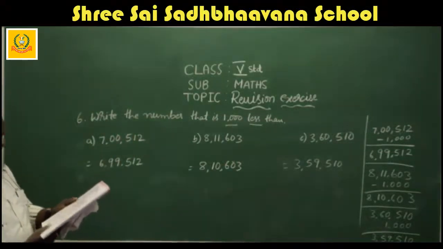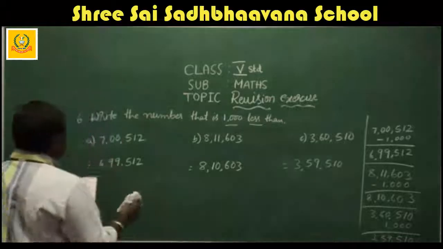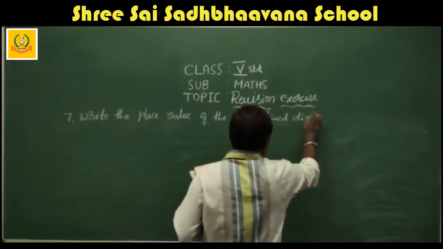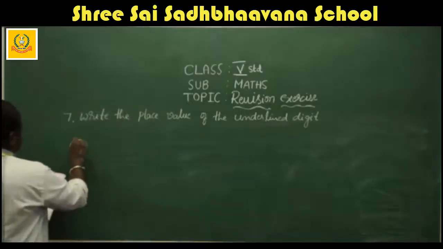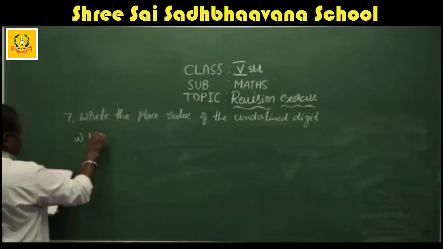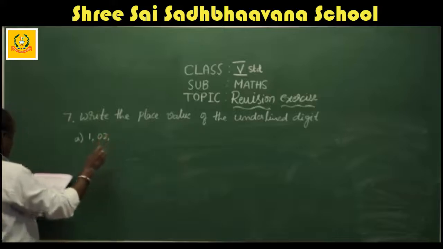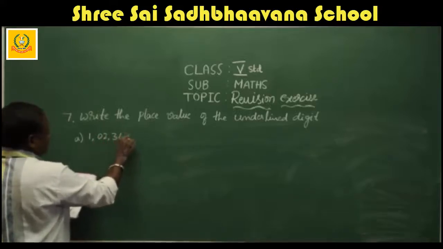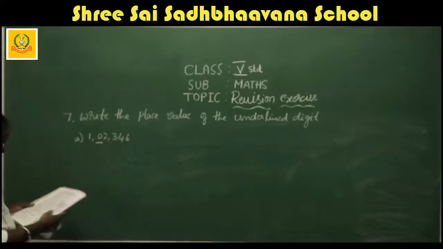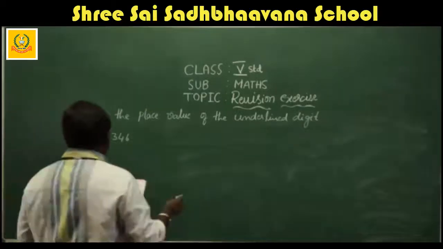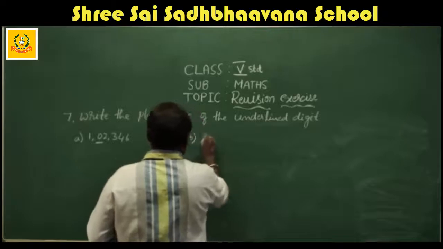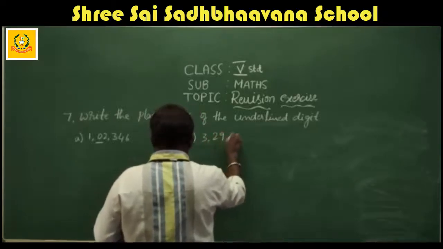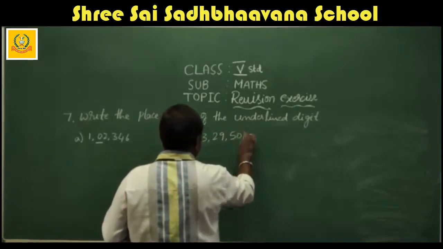Okay. Now, seventh problem. Write the place value of the underlined digit. The first one, 1,02,346. There they underlined 0. In the second problem, 3,29,504.